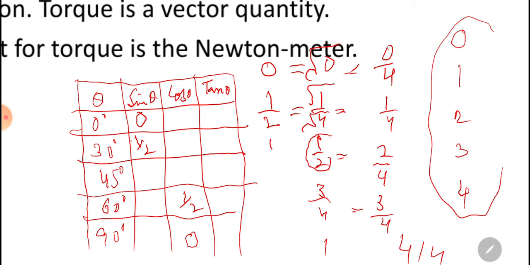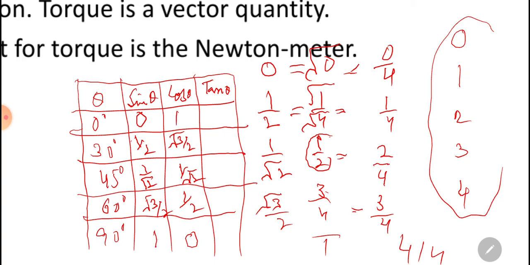Then 1 by under root 2, 1 by under root 2. Here we will get under root 3 by 2, so write under root 3 by 2, under root 3 by 2. Here we will get 1, 1, 1.